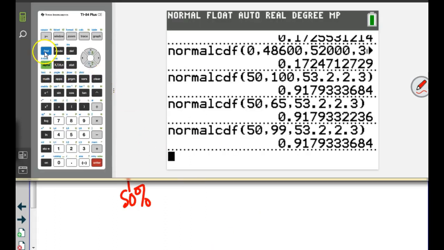Does that make sense? So what's 50 minus 12.5? And 50 plus 12.5 would be, okay? And then you could make those 0.375. Let's just do this once.